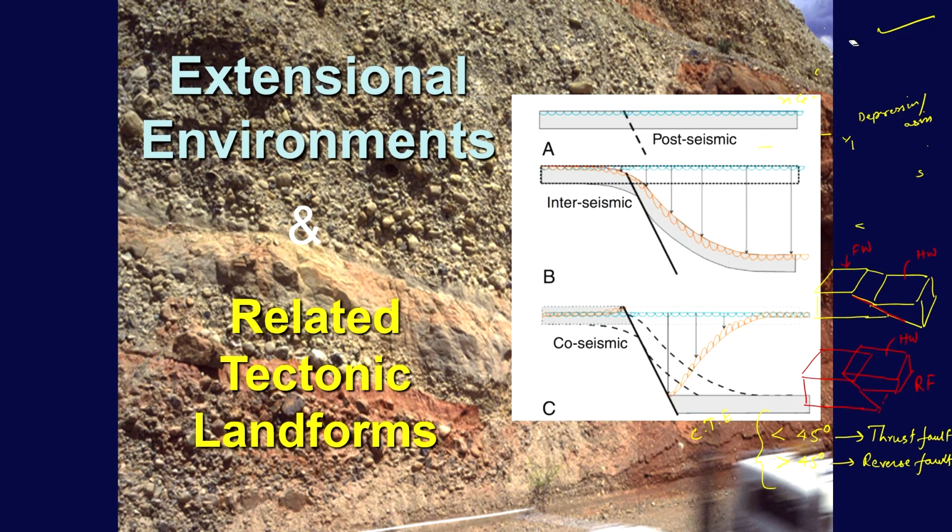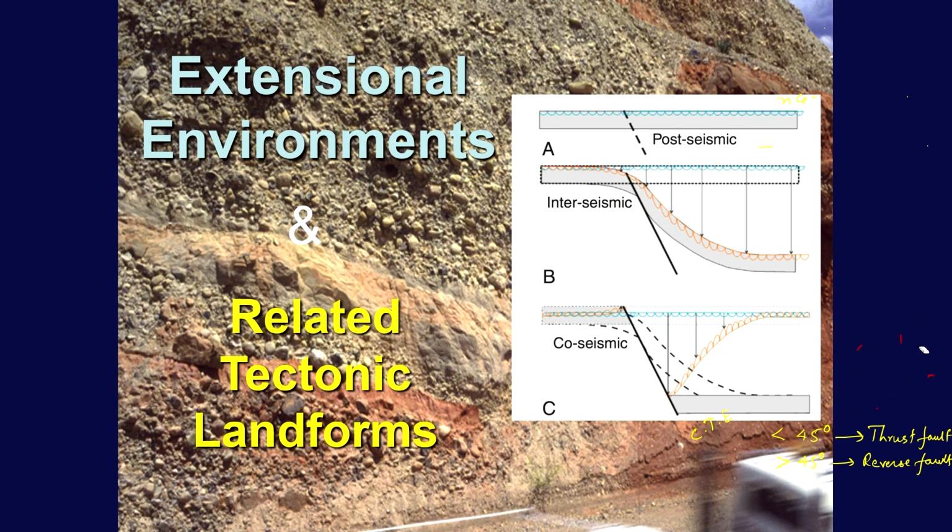If you carefully see the sketch, it shows that one block has moved down with respect to another one, and that is typical of a normal faulting environment. That is in extensional tectonics.